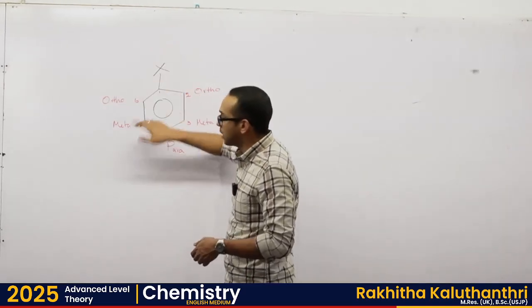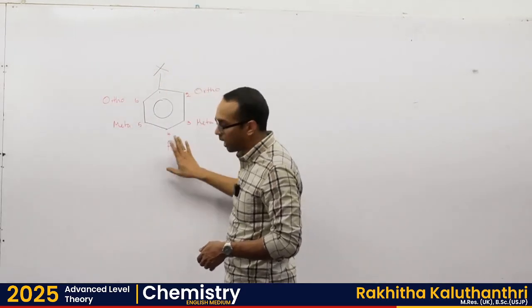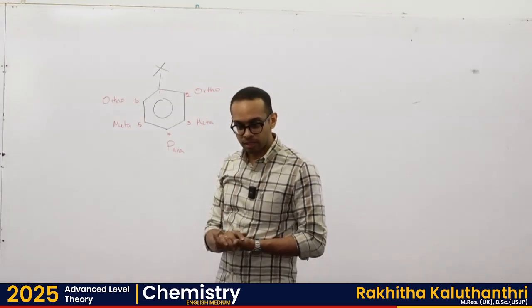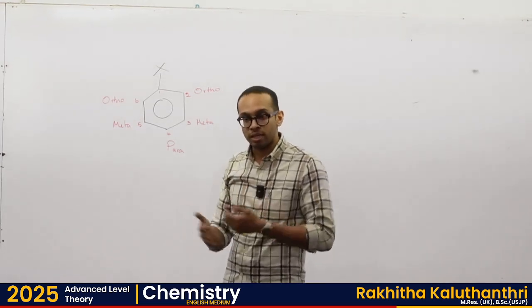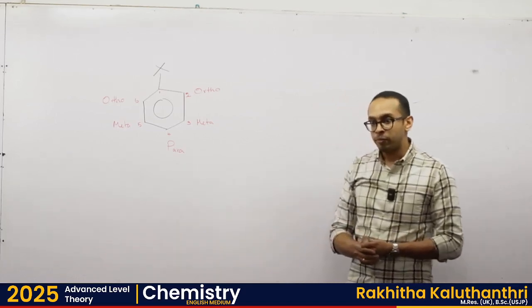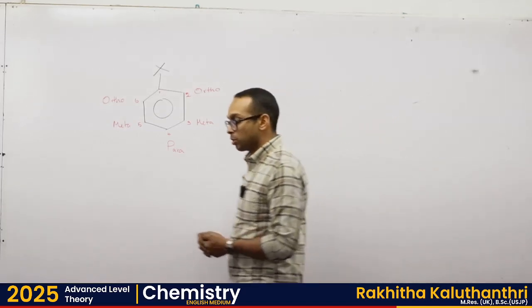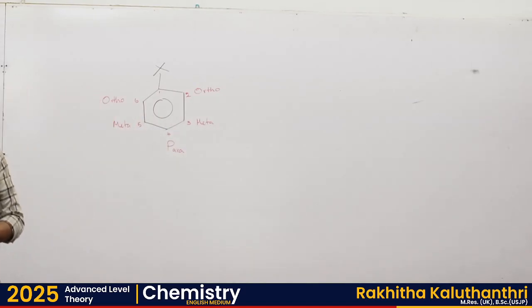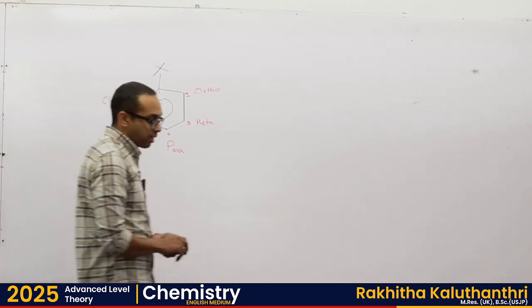Based on the group here, they will say, go connect to ortho or para position. Choose whichever one, ortho or para, but don't go to meta. Is that clear? They don't say that. It automatically happens based on the nature of the group. So we are going to be learning about those types of directing groups under this part of the lesson.